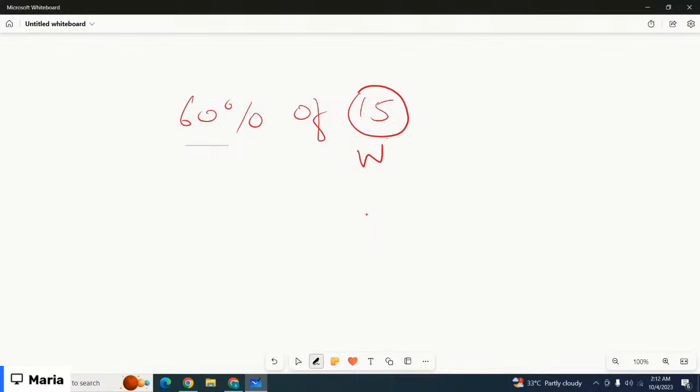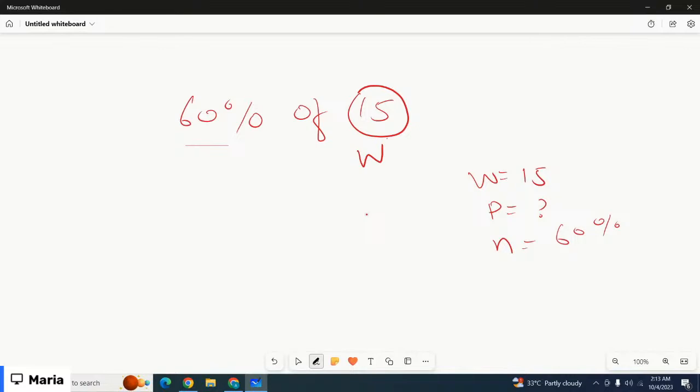The basic thing here is, when you are calculating the percent of a number, you need to understand the question carefully, right? For this question, the whole is 15. You have to calculate the part of 15. How much part? N equals 60%.